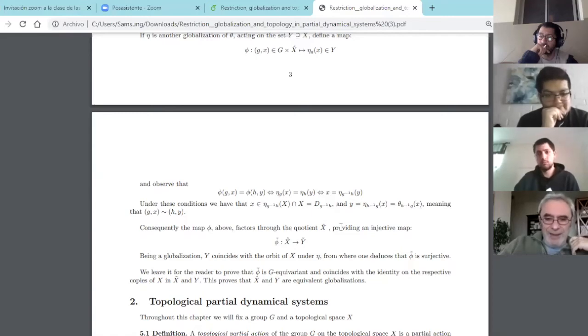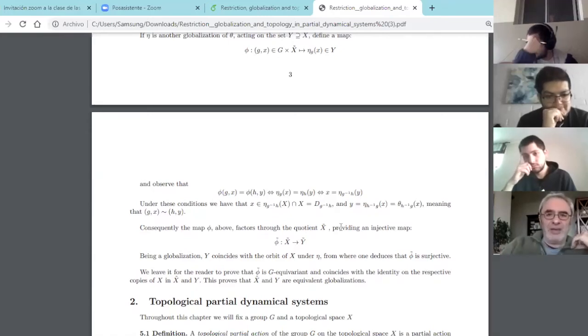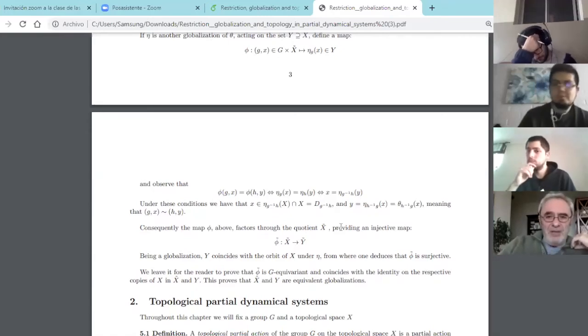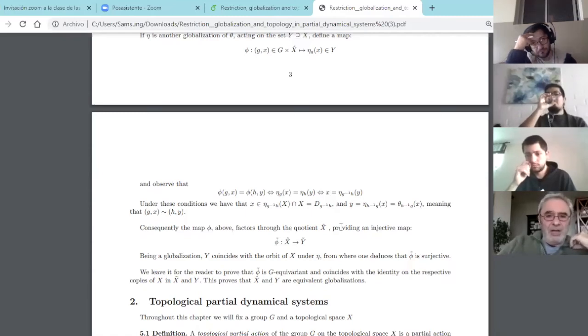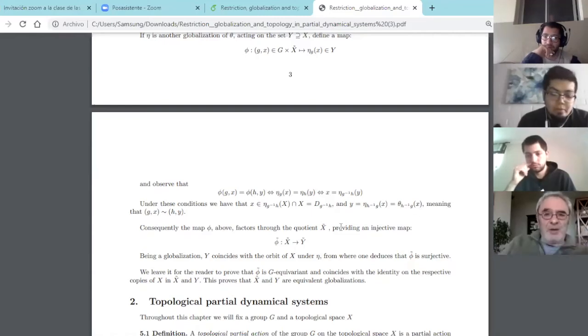Apply this definition to a particular case, seeing exactly what the quotient and the equivalence relation mean. Just take Diego's initial example, Z acting on a half plane, and try to see how this construction, with a certain reinterpretation, can be understood as completing the half plane to a whole two-dimensional plane. And probably this is possible.